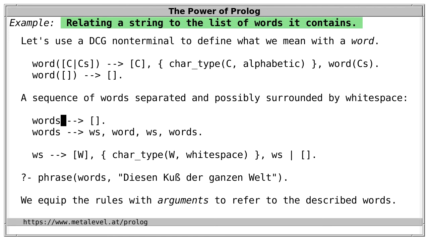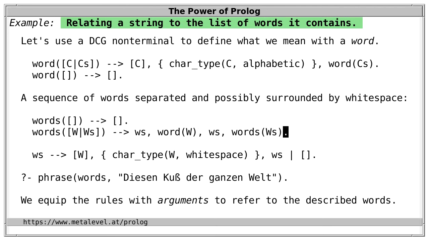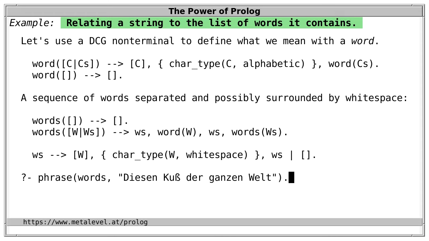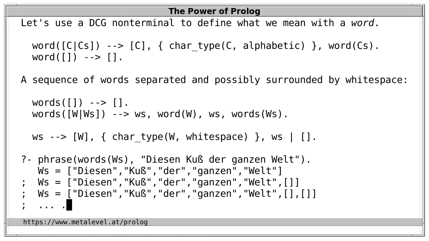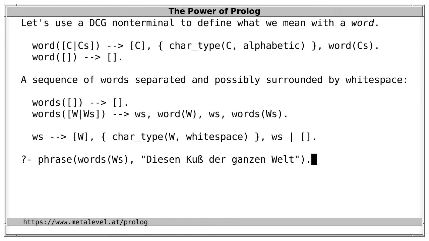And the empty sequence of words corresponds to the empty list. And otherwise, we have a list starting with W if we encounter the word W, and tail Ws for the following words. And now we can ask for Ws, the list of words in the string, and we get them, and also other solutions.